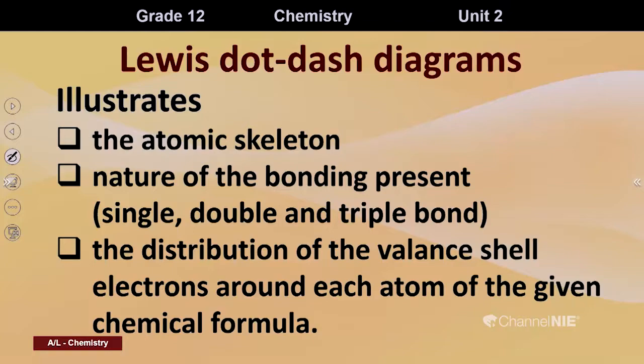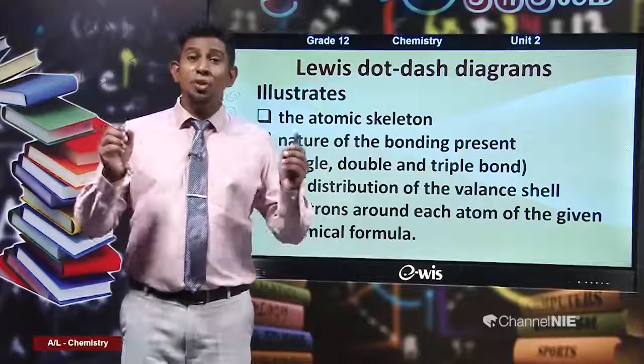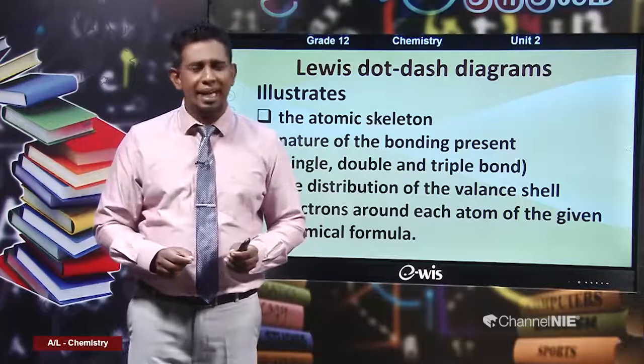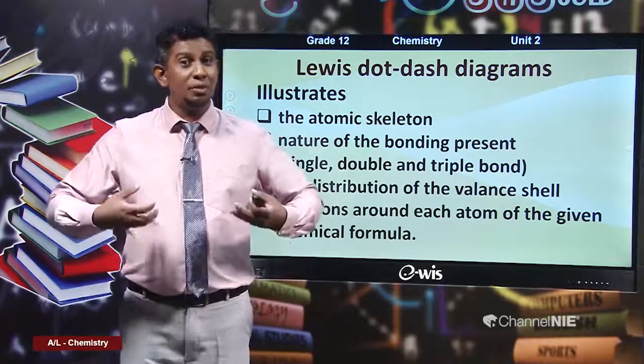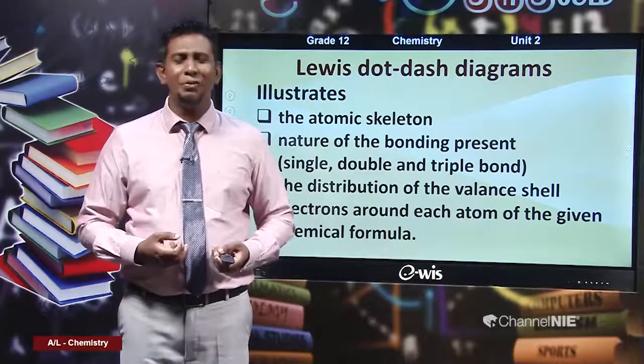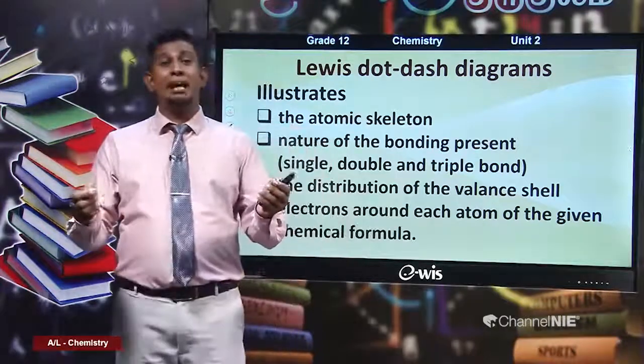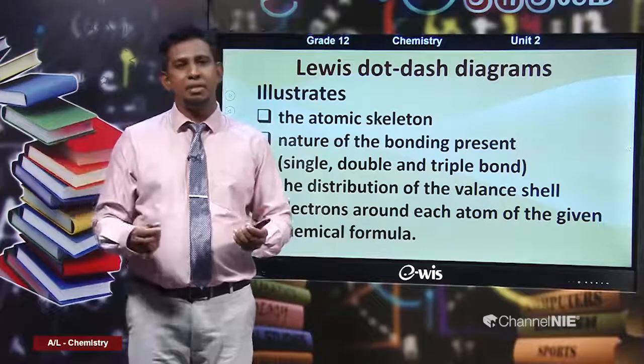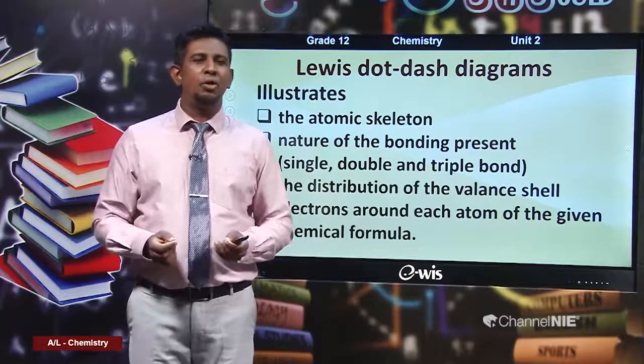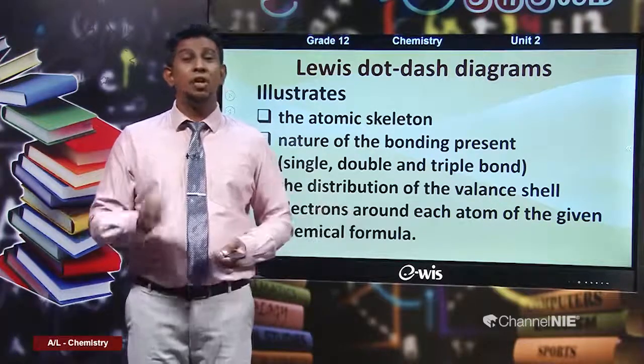Hope you still remember, those pieces of information are revealed by a Lewis structure. When you find a Lewis structure, you can easily recognize the skeleton, which atoms are bound to which atoms, how many bonds you have, and the distribution of electrons.